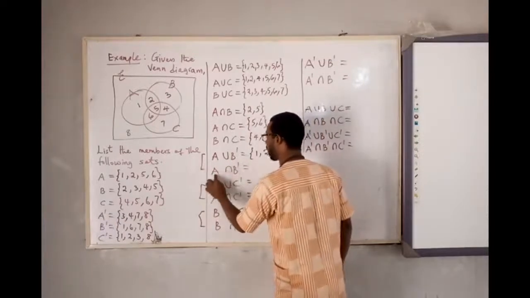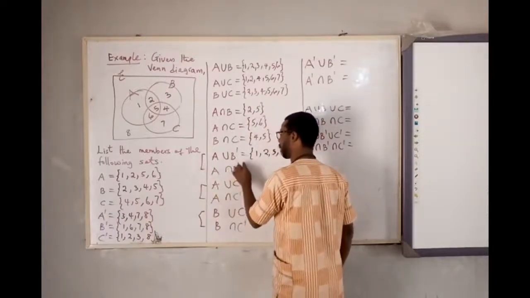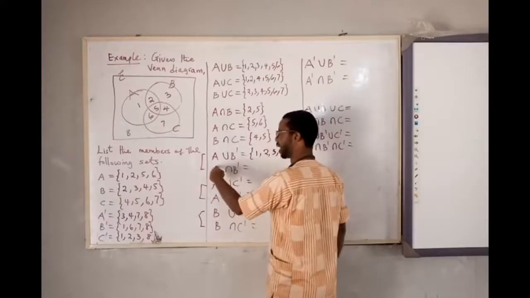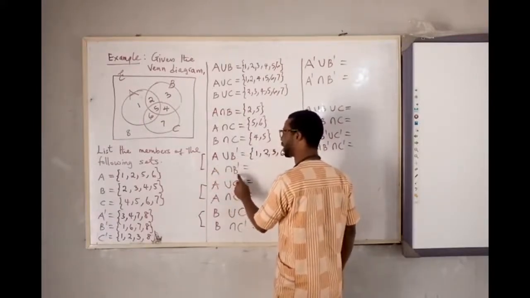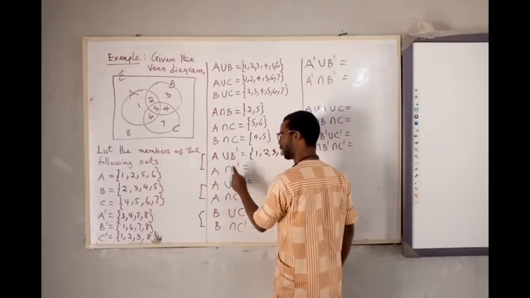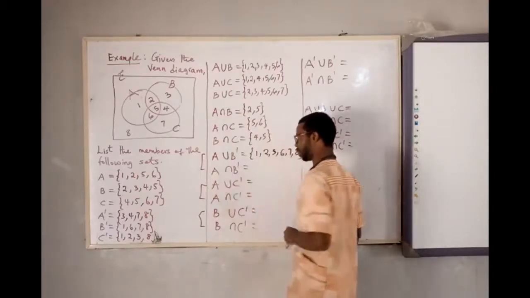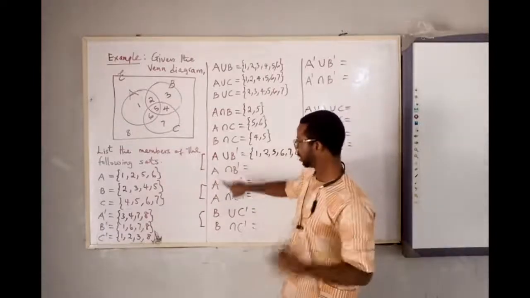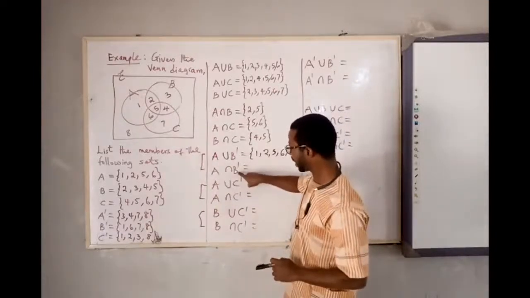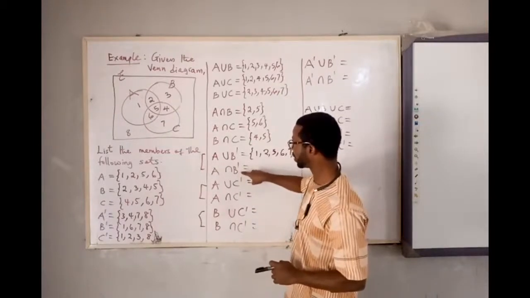So when you have A intersection B prime, you go to set A alone and remove everything that has to do with set B in it. I repeat. You go to set A only, then delete everything that has to do with set B.